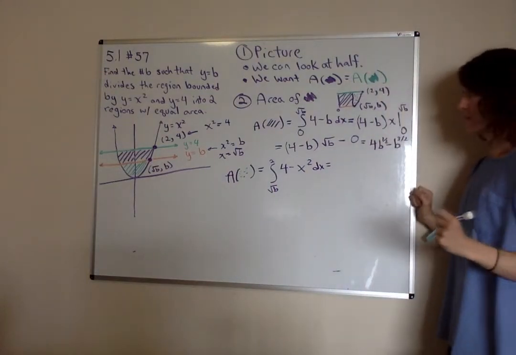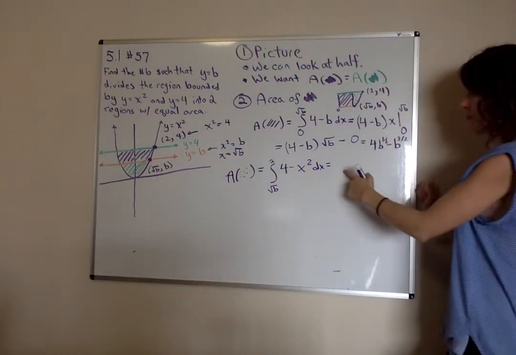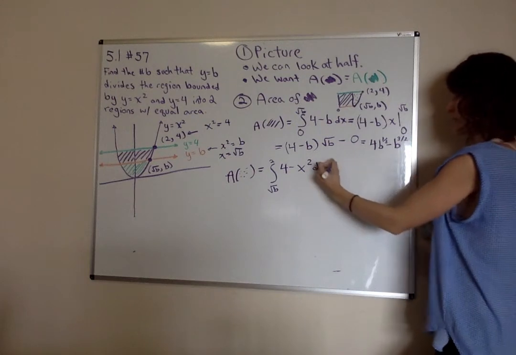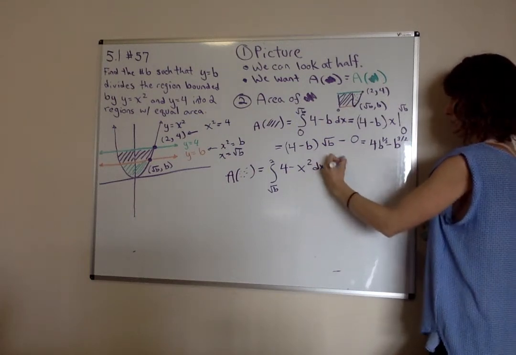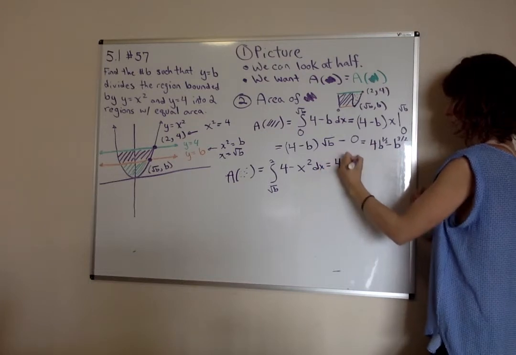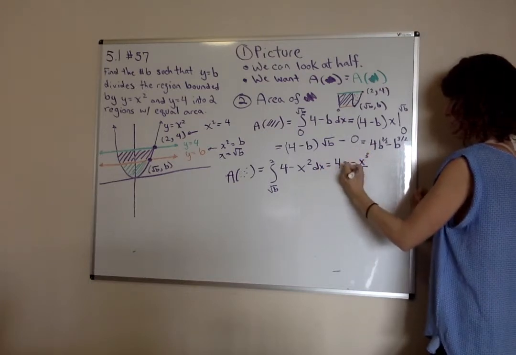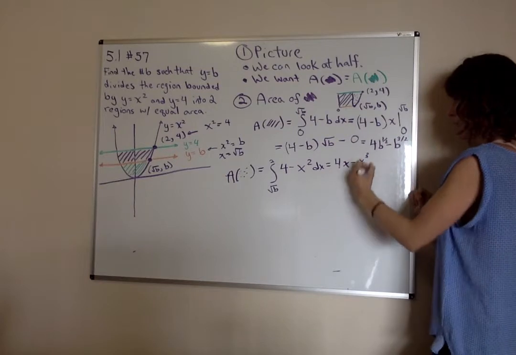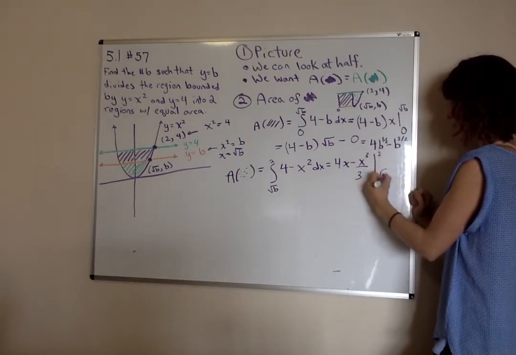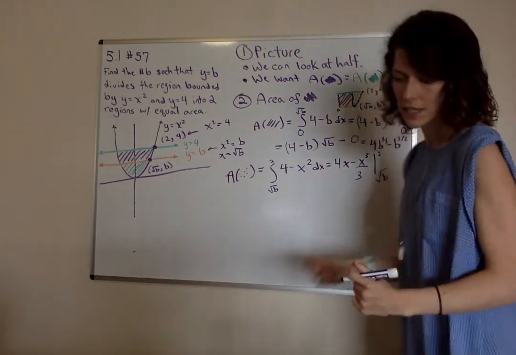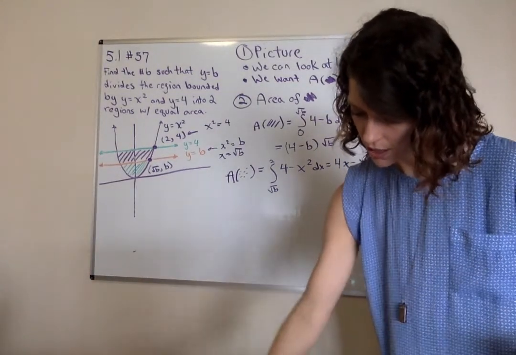So this is going to be equal to 4x minus x cubed over 3. And evaluate this at 2, evaluate it at the square root of b, and then subtract.